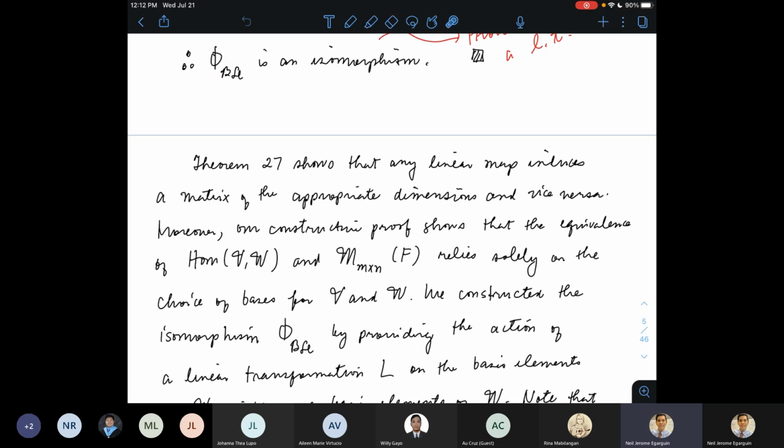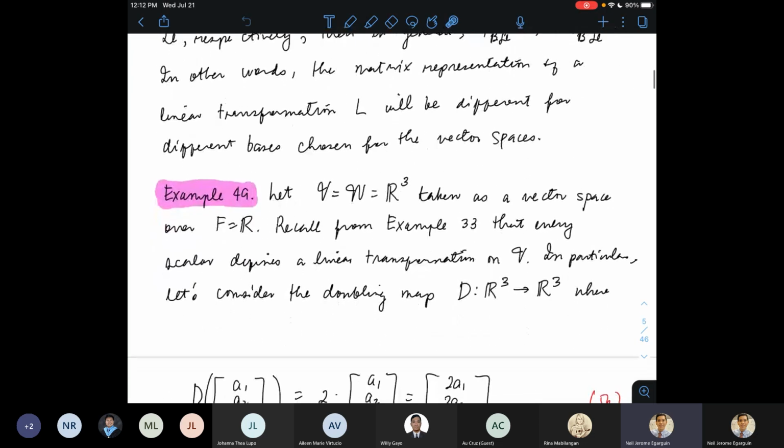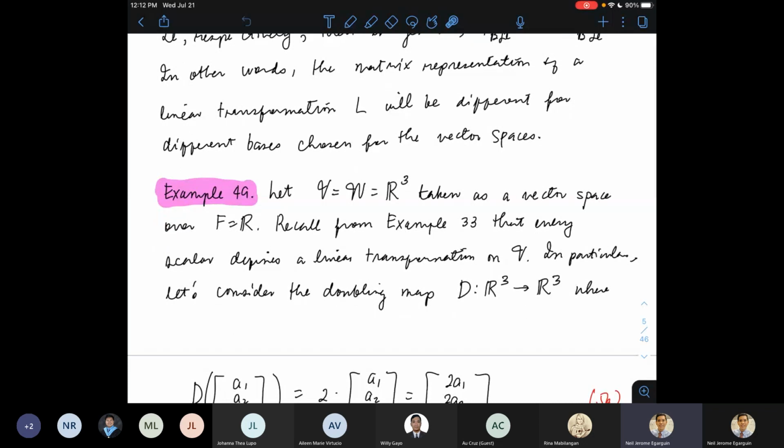Now, the highlight of theorem 27 is not actually on the result itself, but on the mechanism. Actually, important rin pala yung result, but almost equally as significant is the proof, because the proof gives us a mechanism in order to construct the matrix representative for a linear transformation, right? And that's what we will do in the next couple of examples, show how to get the matrix representation of a linear transformation and vice versa.